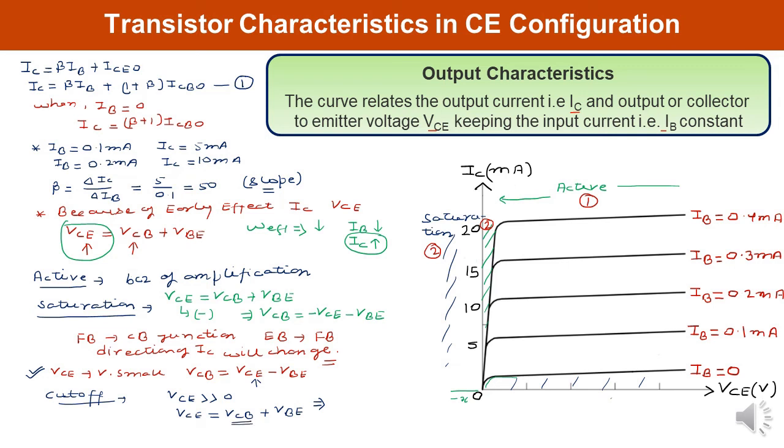It means in this condition both the junctions, emitter base and collector base, are reverse biased. It means that it will work in the cutoff mode, and this is cutoff mode number 3. You can explain it. So I hope now this output characteristic curve is also clear to you.